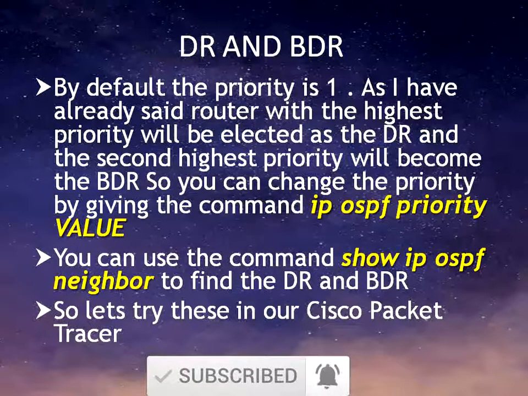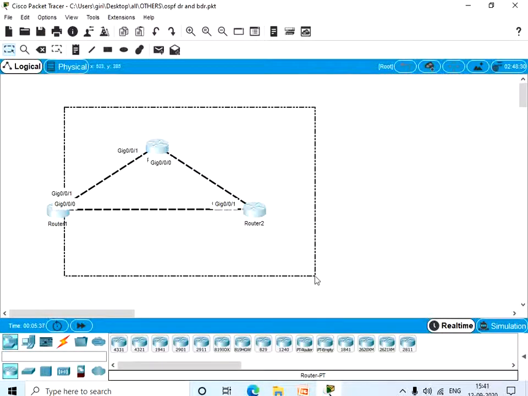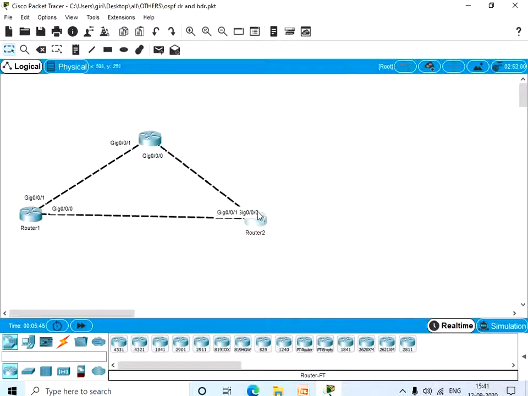So open your Cisco Packet Tracer. Now I have a network with 3 routers and it is already configured with OSPF. Gigabit 0/0/0 of router 1 is connected to router 2 and gigabit 0/0/0 of router 2 is connected to router 1.